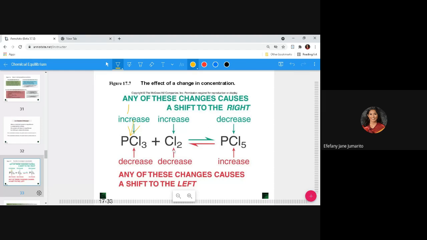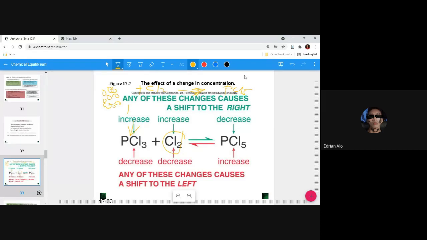There will be more PCl3 to react with Cl2. As a result, there will be formation of more PCl5. The PCl5 increases.